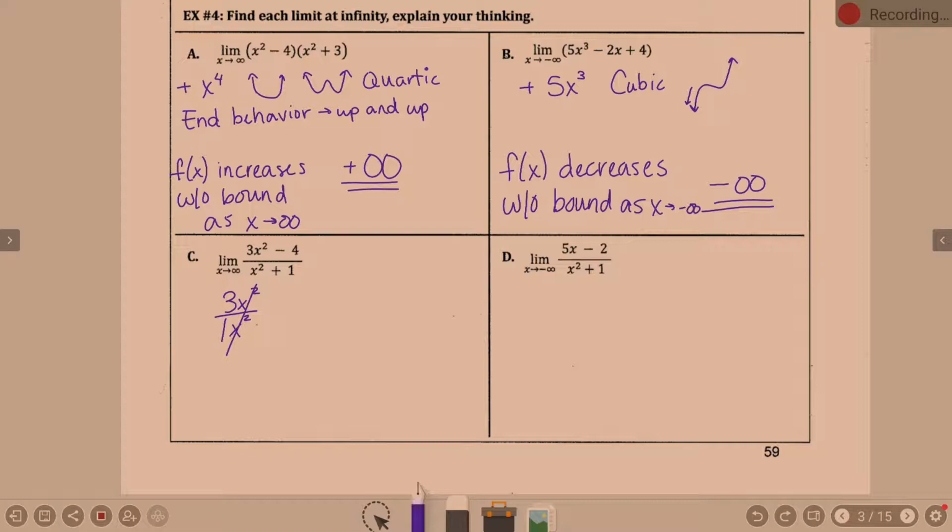So in this case, as x approaches positive infinity, we're going to be going along a horizontal asymptote. And that horizontal asymptote is going to be at y equals 3. Okay?